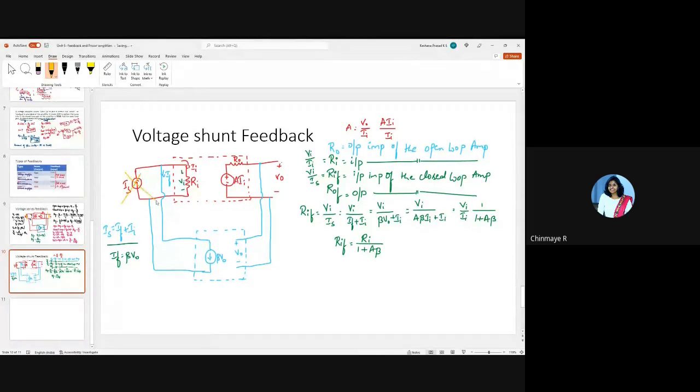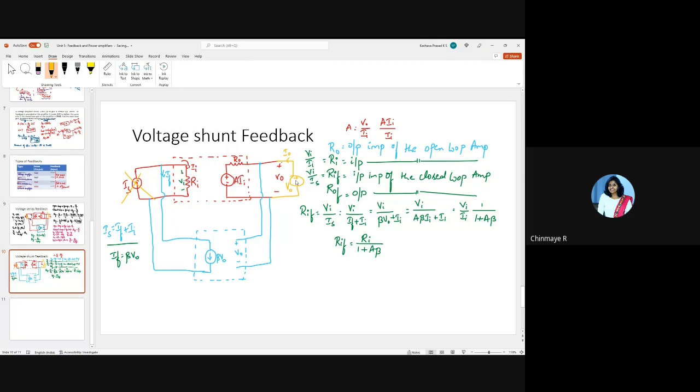So this does not come into picture. We are going to open circuit it. And then here we give a small voltage V naught, and we try to find out the current I naught here.